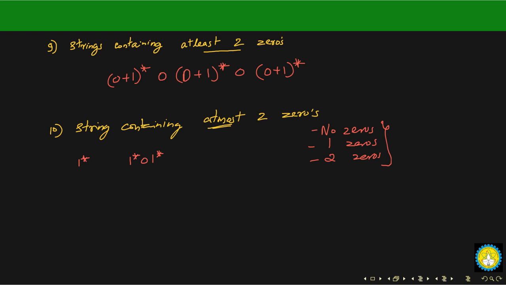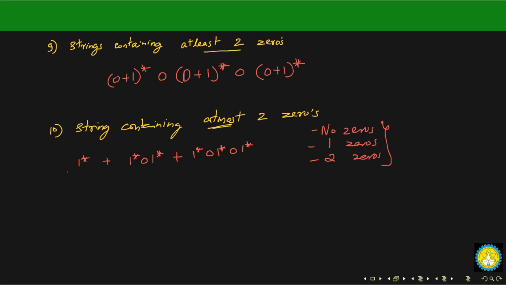This would represent all the strings containing just one 0 in it. What about 2 zeros? Exactly 2 zeros. We have already seen this. This is going to be 1 star 0, 1 star, again 0, and again 1 star. What if I combine all this? I'm just putting plus here and plus here.